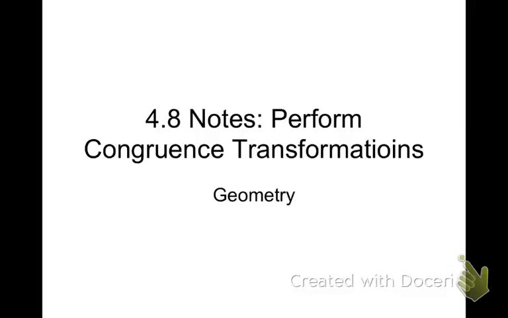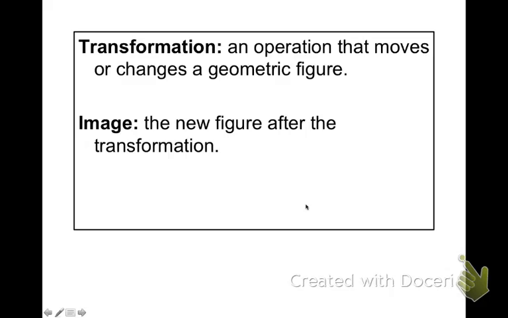3 different types of transformations, maybe. So let's get a definition down for what a transformation is first and foremost. Your transformation is an operation that moves or changes a geometric figure.